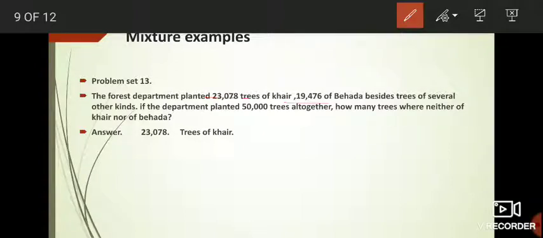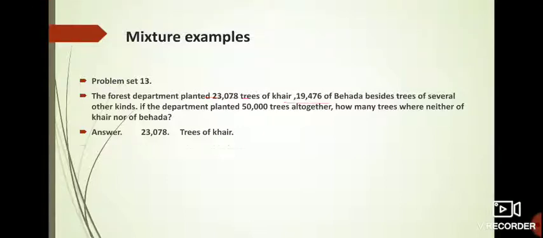Like that only, here also we have to add the smaller numbers, and whatever sum is coming, that sum we have to subtract from the total number. So see, 23,078 trees of khair and 19,476 trees of beda. After addition we will get 42,554 trees.